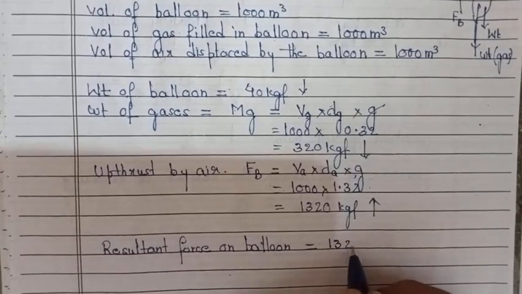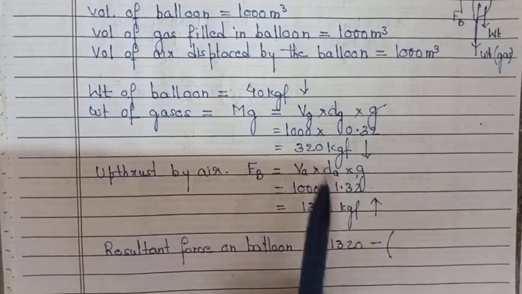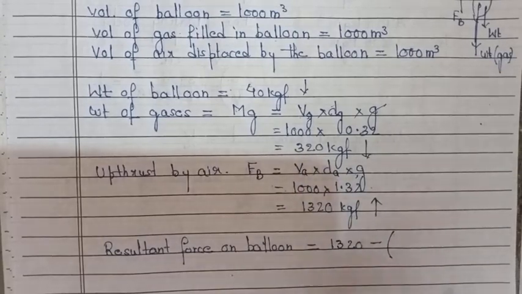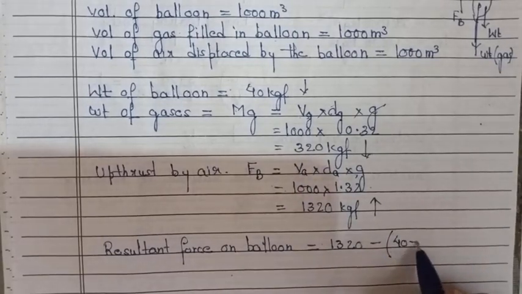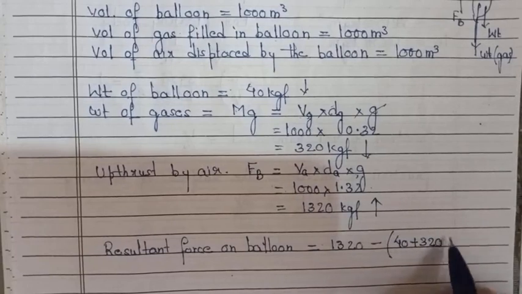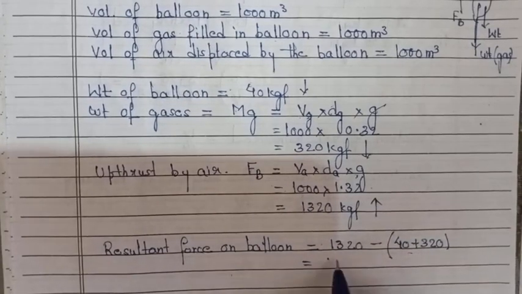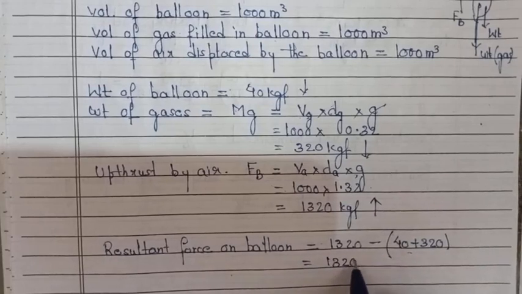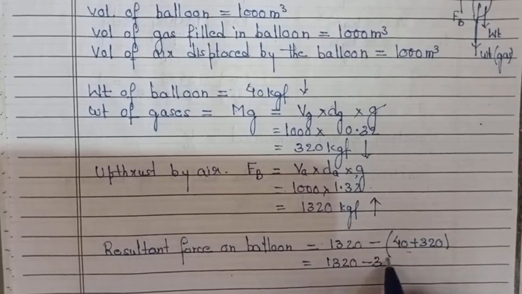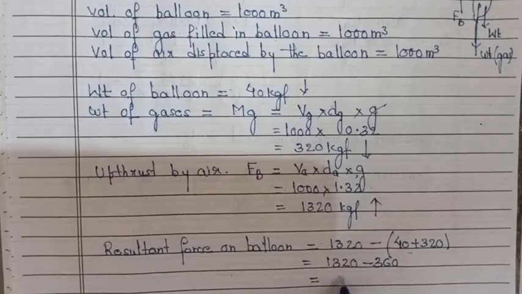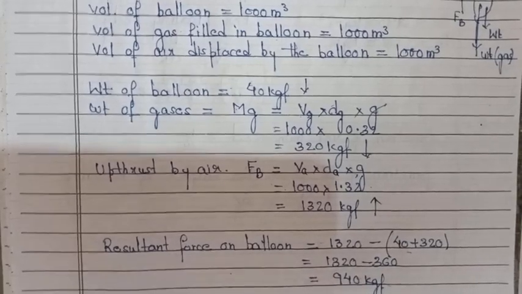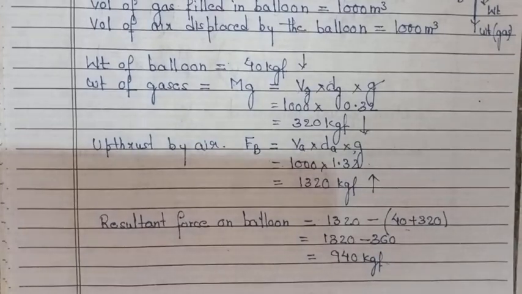So from the upward force you will subtract the two downward forces. One is 40 and the other one is 320. So when you add these two and then subtract, 1320 minus 360 will give you 940 kgf. So this is the resultant force on the balloon.